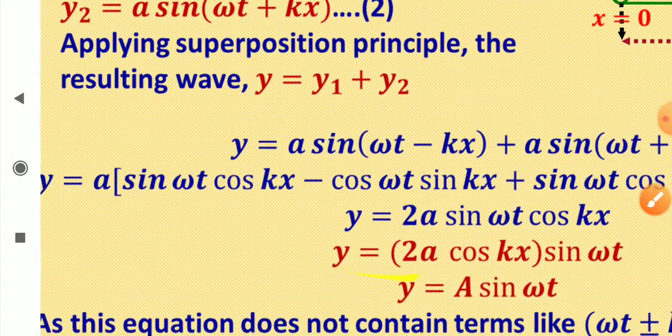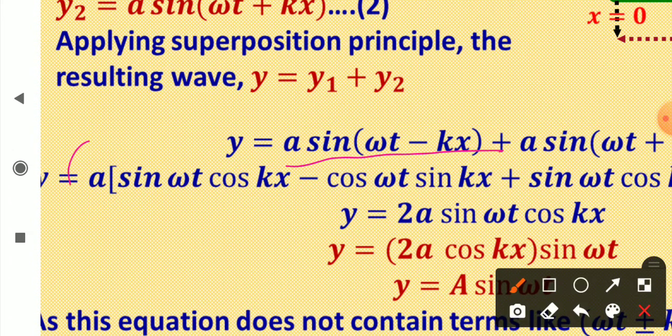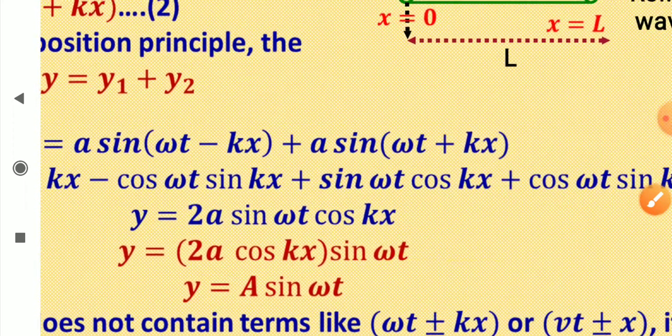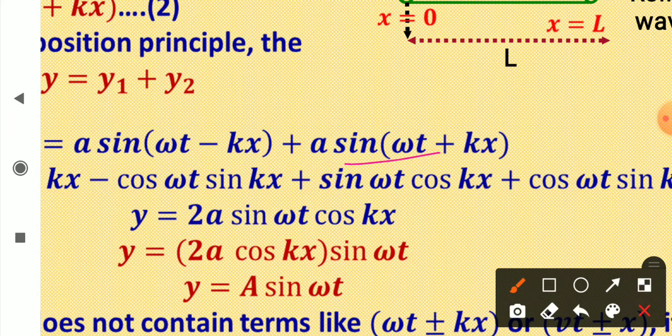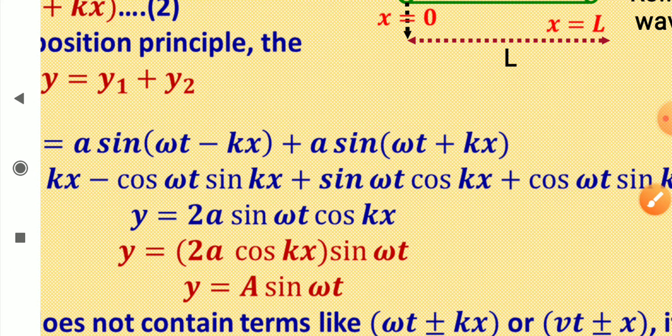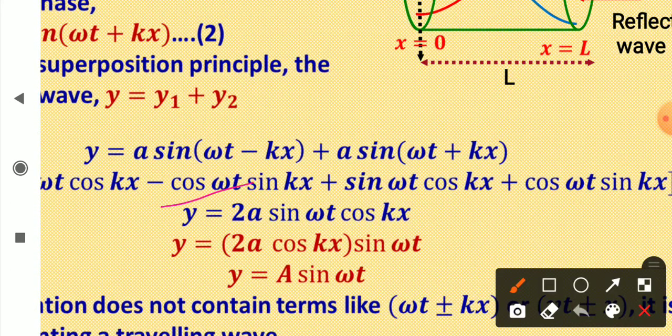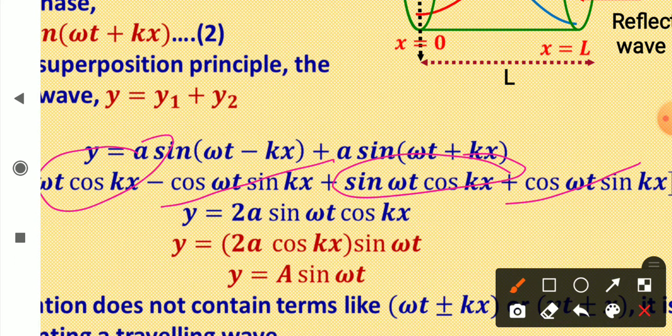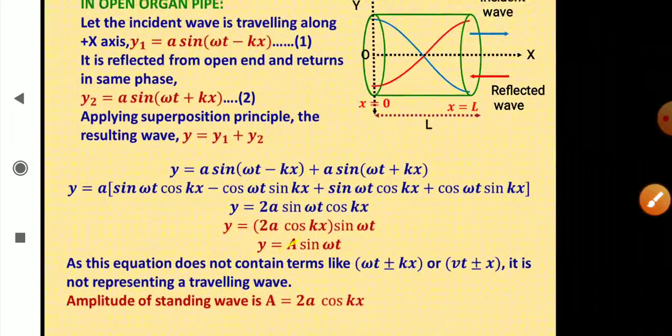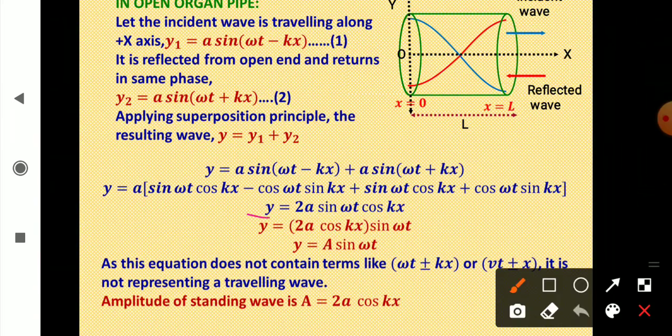From here you get sin a cos b minus cos a sin b, plus, for the second one, sin a cos b plus cos a sin b. If you look at it, you can see this is negative and this is positive, so they cancel out, and these two terms will be added up. So the final relation comes out to be y is equal to 2a sin omega t cos kx.